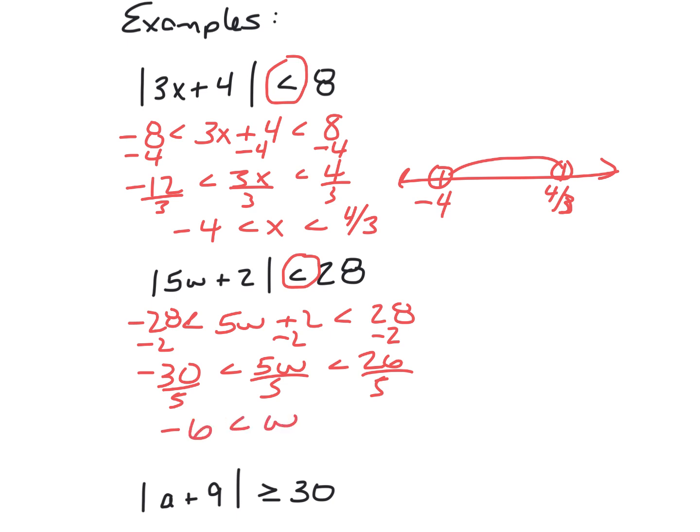I'm going to get w to be between negative 6 and 26/5, which would be like 5 and 1/5. The graph's going to be a tweener. It was just less than, not equal to, so it's open dots, everything in between there.